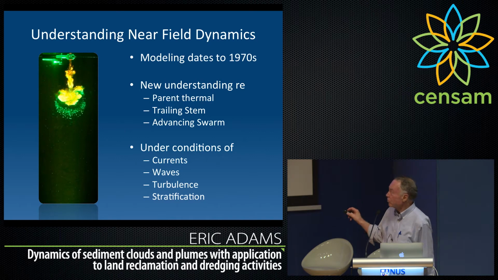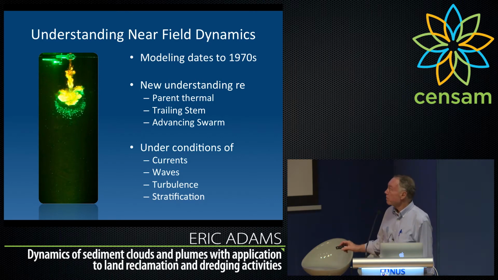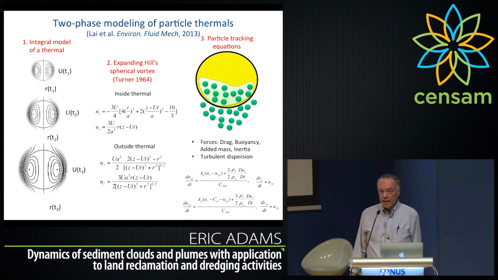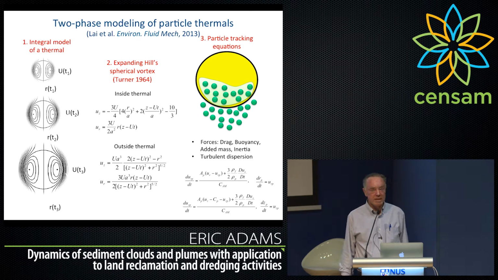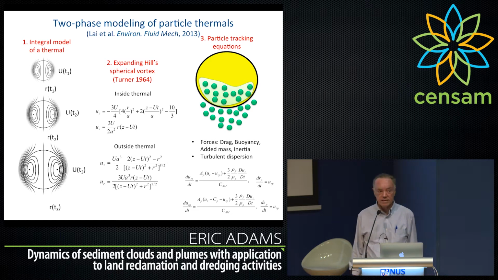So we have tried to improve our understanding of these various parts of the plume and how they are affected by various conditions, including the ambient conditions, waves, currents, stratification, and turbulence. Adrian Lai developed a model of the internal circulation. He borrowed from the Hill's expanding spherical vortex model to describe the flow circulation inside and outside of these thermals.